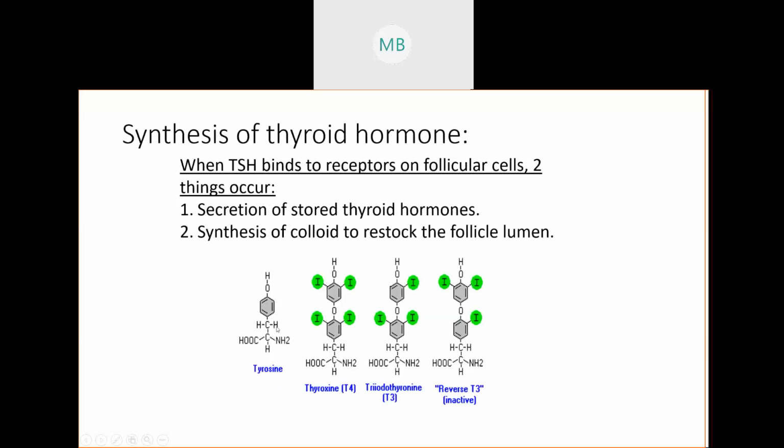So your body is going to secrete T4 and T3. They're going to mix into that colloid that is found inside the follicles in your thyroid gland and release that out into the bloodstream as your anterior pituitary gland sends signals down to your thyroid telling you that you need it.